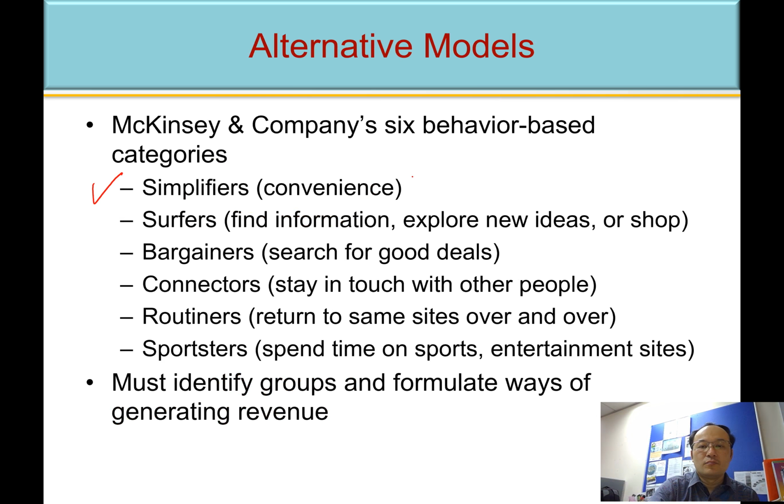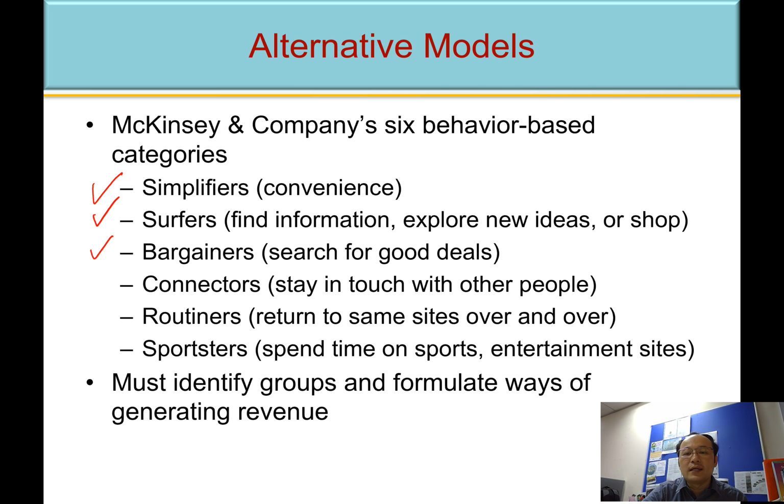Simplifiers means someone who just wants convenience, easy to purchase. But surfers are always looking for more information, more ideas, comparing. Bargainers are always looking for good deals, good quality with lower price. Connectors want to stay in touch with other people before they purchase.